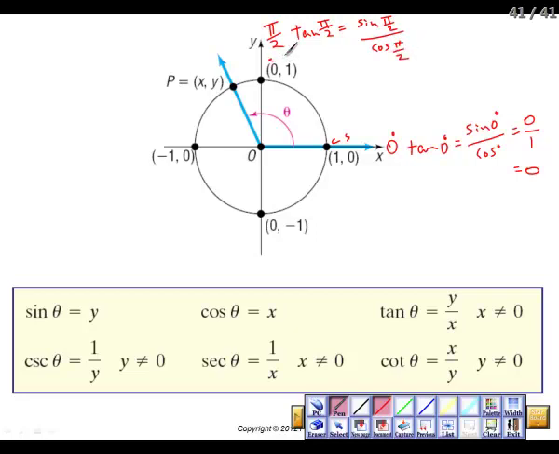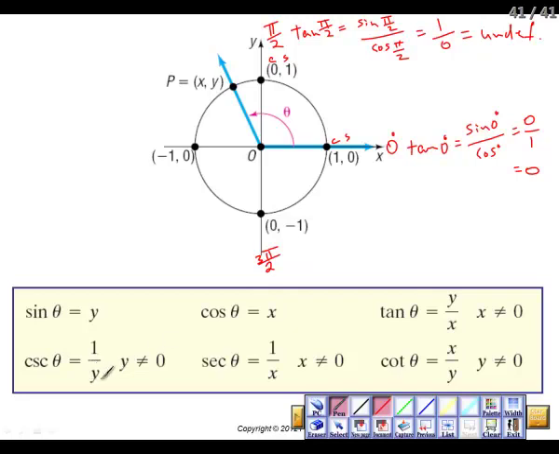And so if we look at cosine and sine, we can see that sine at pi over 2 is 1, but cosine is 0, so tangent is undefined. So tangent cannot have a 0 in the denominator. So at pi over 2 and 3 pi over 2, tangent is undefined.